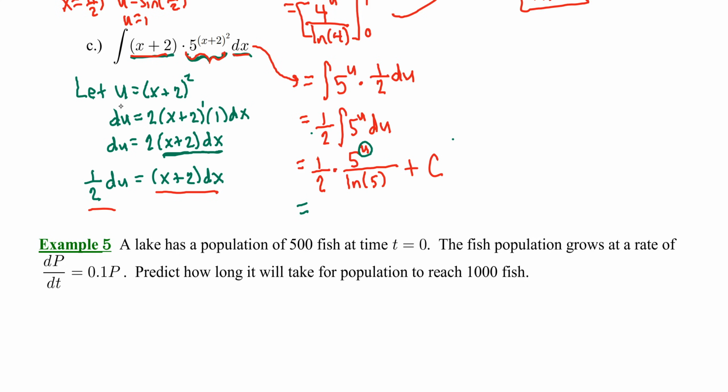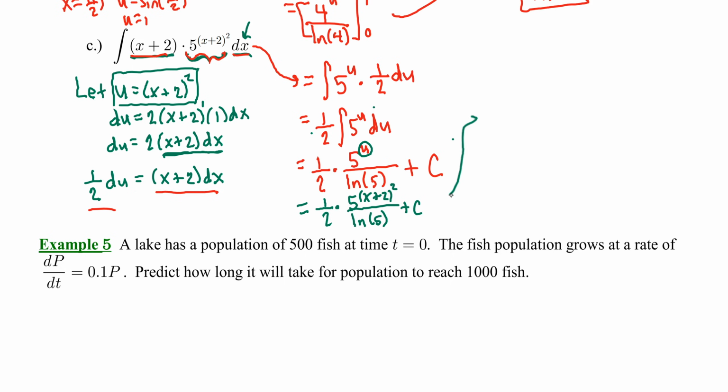So I need to replace u with its equivalent in terms of x, since the original variable of our formula was x. So we can rewrite this as 1/2 times 5 to the x plus 2 squared divided by natural log of 5 plus c.